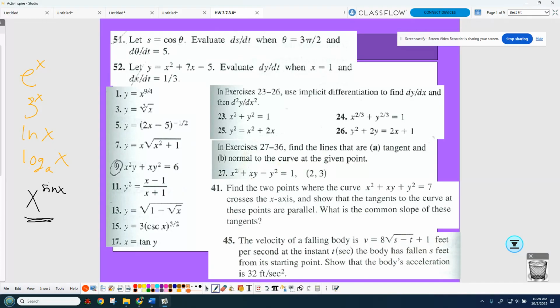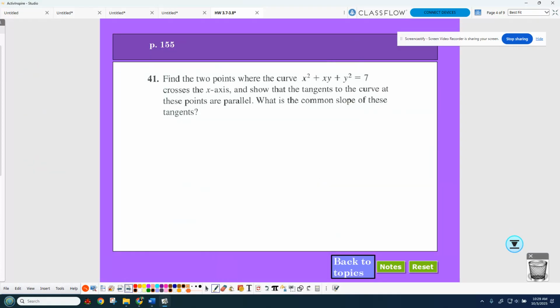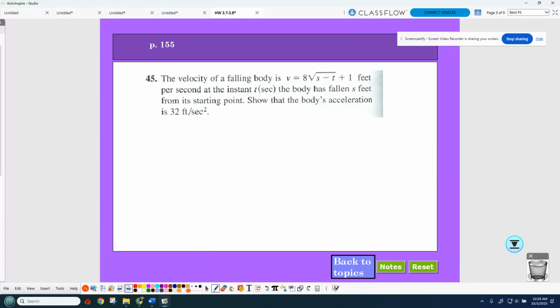But these problems from a few days ago, question 45 is always asked. So we will at least do 45, because it's fun.